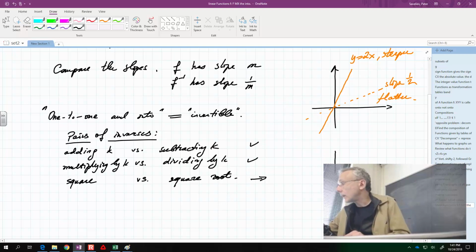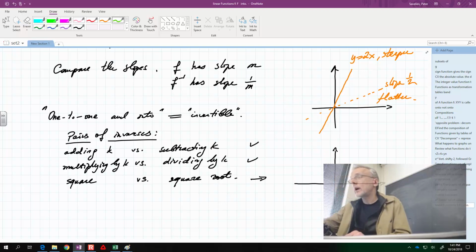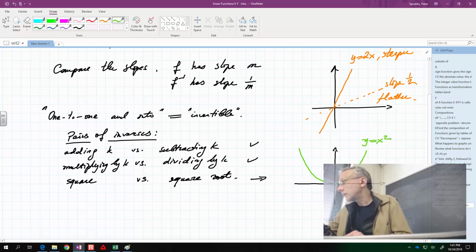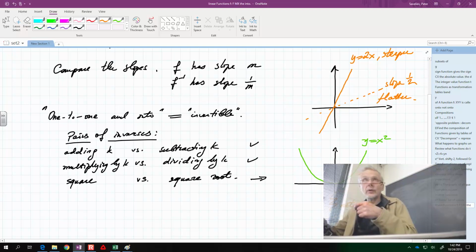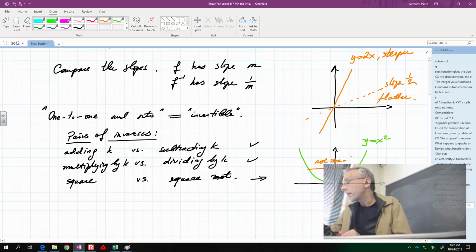And just looking at the graphs will tell you what the problem is. The problem is that y equal x squared is not onto. If we choose the codomain to be the real numbers, that's not onto, but an even bigger problem is that it is not one-to-one. So what do we do?